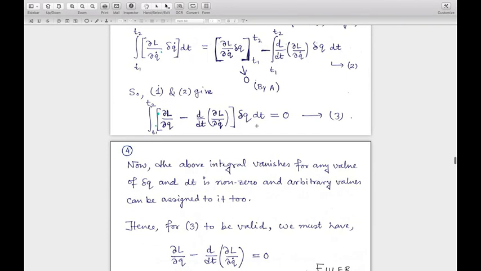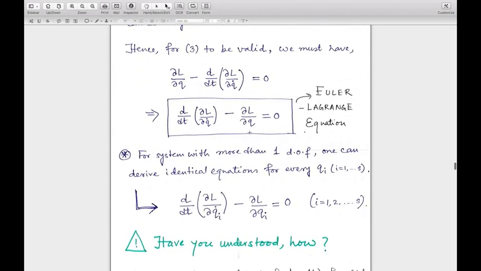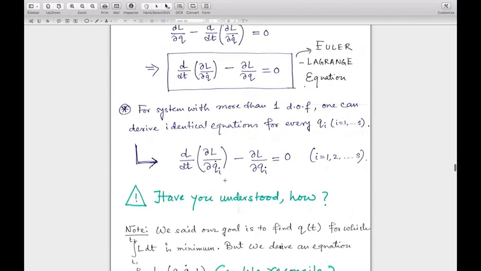Then it would need a very special condition that under that integration this is 0, and the functional arbitrariness will not be attained. So that's why for a multidimensional problem, or a problem with multiple degrees of freedom, this should be true for each degree of freedom.